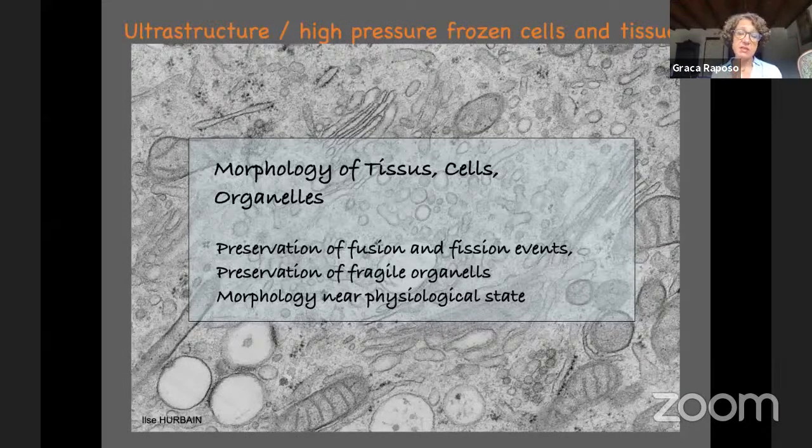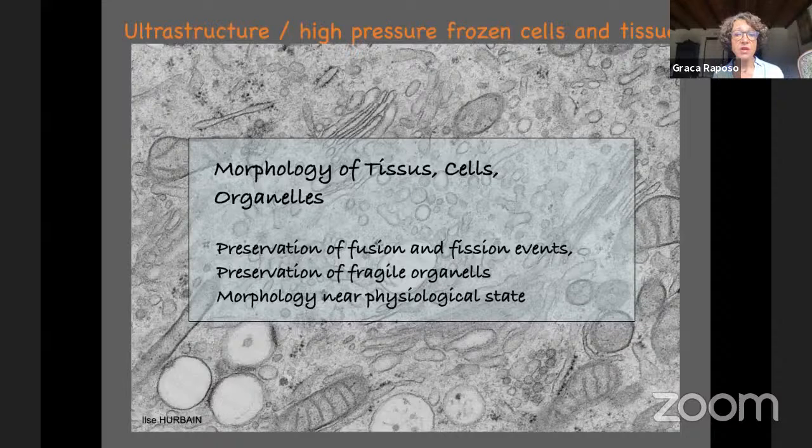When it's not possible, you can do electron tomography on aldehyde fixed samples, although the best is to really do cryofixation, because then you can be more sure that you are close to the native state.